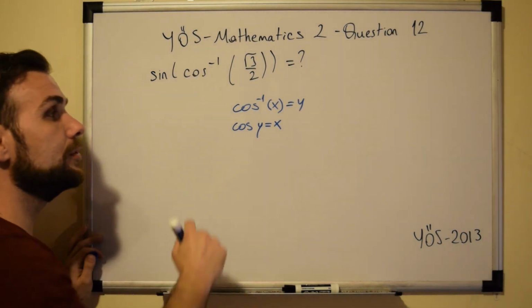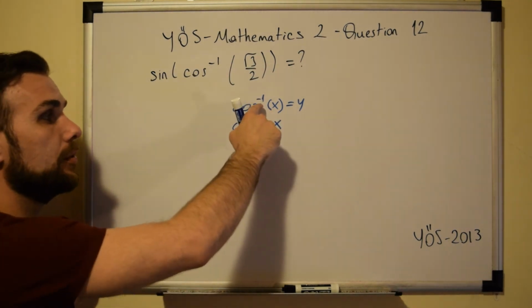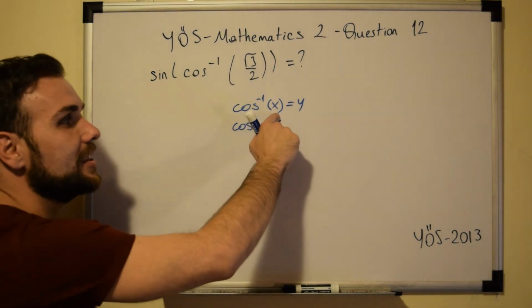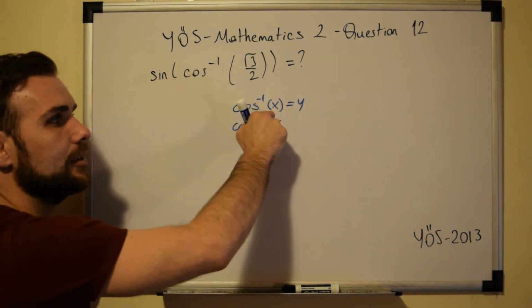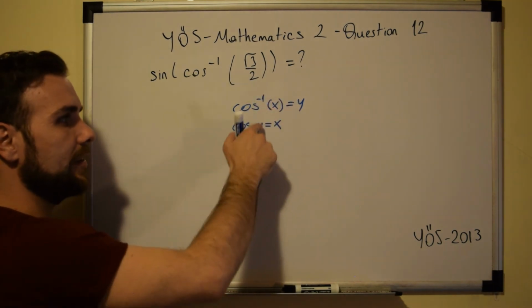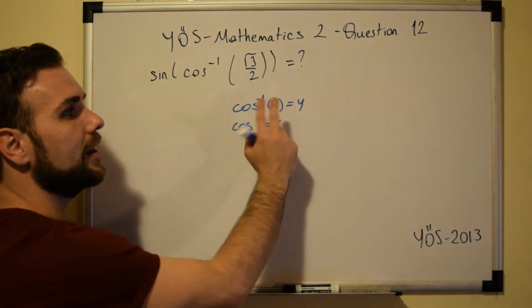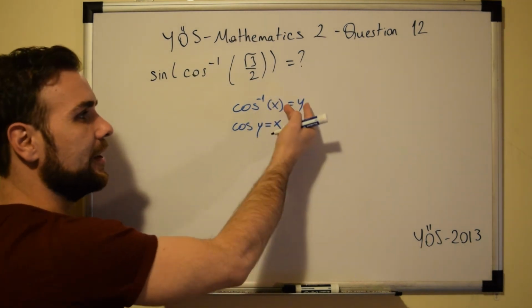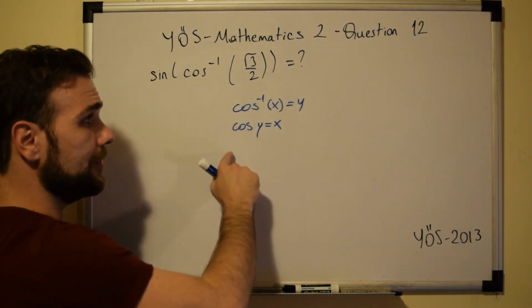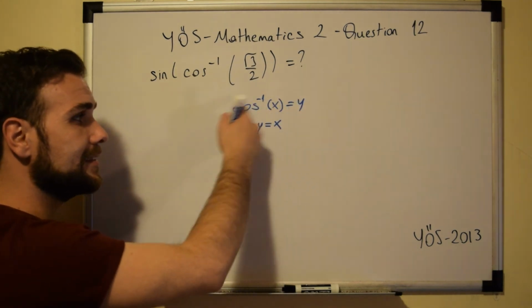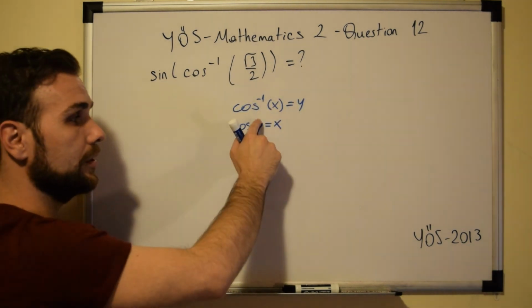In order for me to take the reverse of cosine to the power of minus 1, so to bring it to the cosine, I just switch these two values. So instead of x I write y, and I equal all this to x. So x and y just switch their sides. The reverse of cosine to the power of minus 1 of x, which equals y, is cosine of y, which equals x.